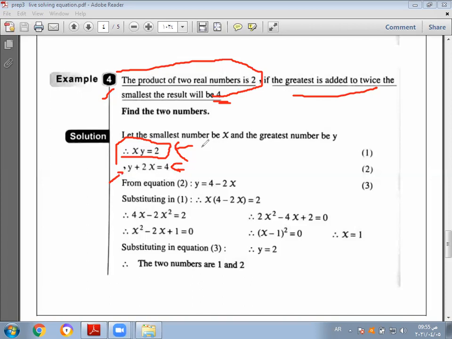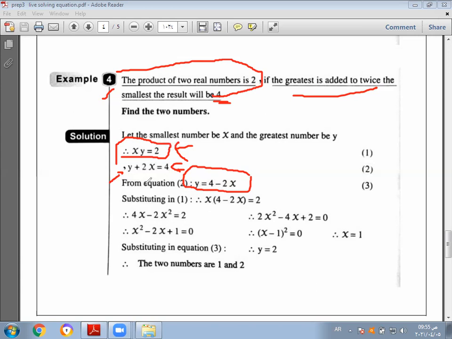We replace one of the variables by the other. We use the equation that has first degree: y plus 2x equals 4. We can express y equals 4 minus 2x. We replace this value in the first equation that has second degree.